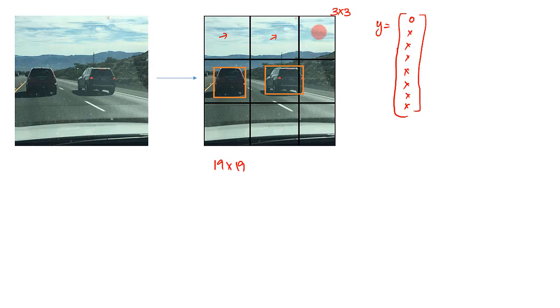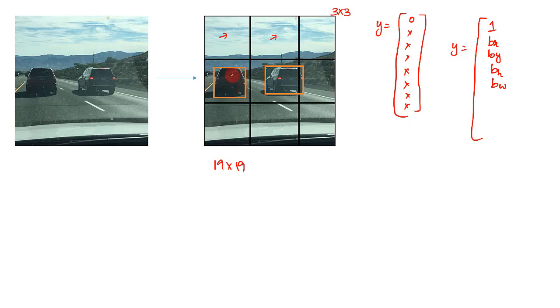If we look at the fourth grid cell, it has a car, which is of our interest. So the fourth cell will have a y value where PC is 1, which means there is an object of interest, followed by the bounding box coordinates bx, by, the height of the object bh, and the width of the object bw, and then we have c1, c2 and c3, where c1 indicates the car.